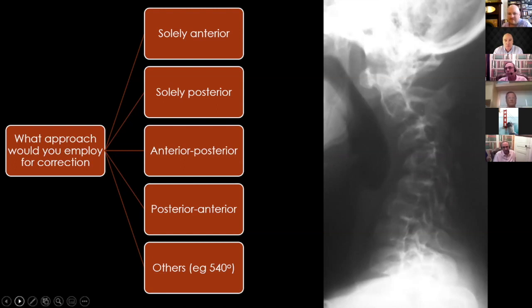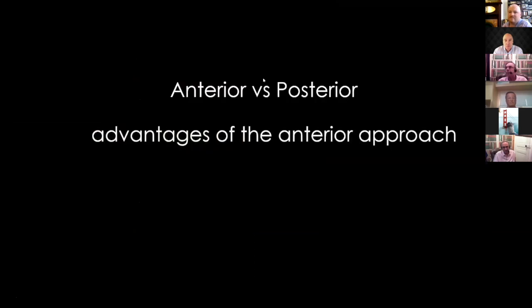So let's take a look at what these approaches offer to a surgeon. What are the advantages of the anterior and posterior approaches? Because combined approaches are necessary when one side of the spine has ossifications, has bony union, and has ankylosis. If you need to reconstruct the spine from anteriorly and there is ankylosis posteriorly, then you need to employ a combined approach and vice versa.